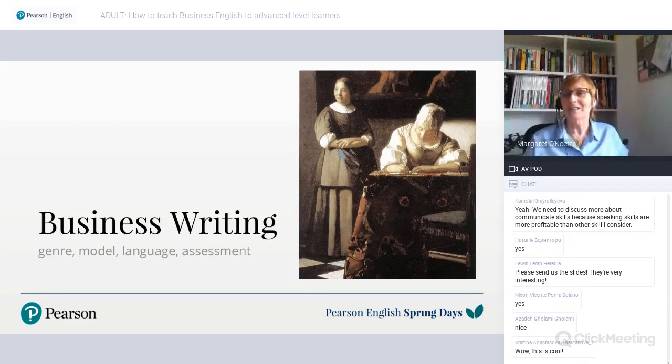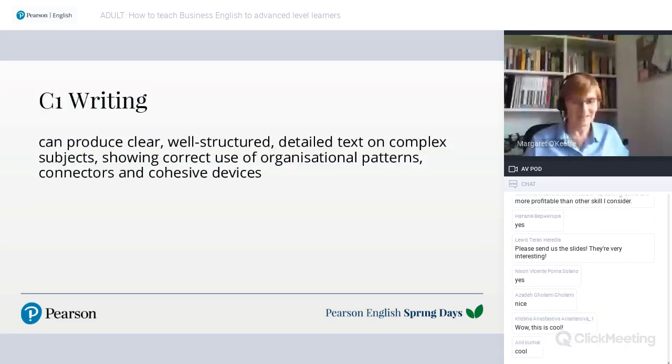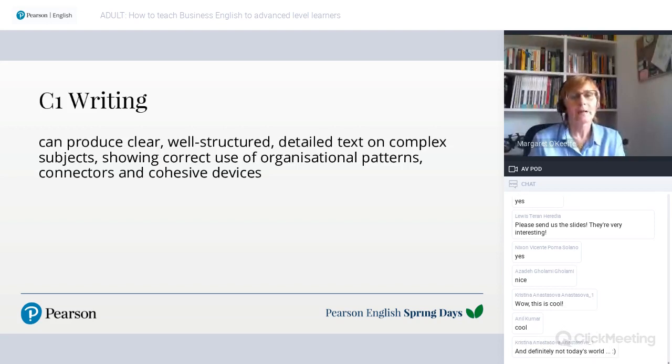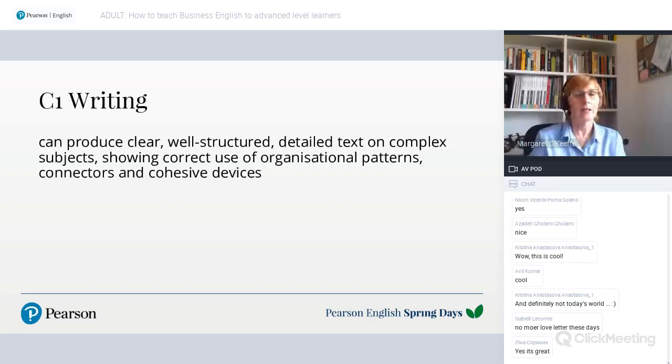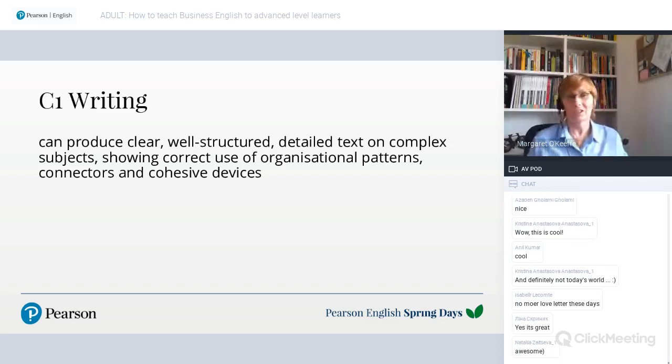So that is a challenge for us today, of course, how we're going to help our students improve their writing skills. And if you remember, this is what the CEFR said: can produce clear, well-structured, detailed text on complex subjects, showing correct use of organizational patterns, connectors, and cohesive devices. So we've got very clear information there about the kind of things that we want to be helping students with.